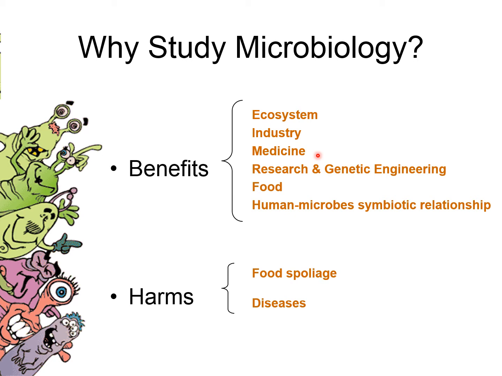They're also used in research, genetic engineering. They're used in food, like in case of cheese industry and yogurt production. And there are many microorganisms which actually benefit humans when present in their host. So apart from the benefits, microbes also have some harms which we have to study in microbiology. That is, they are involved in food spoilage and they also cause diseases.